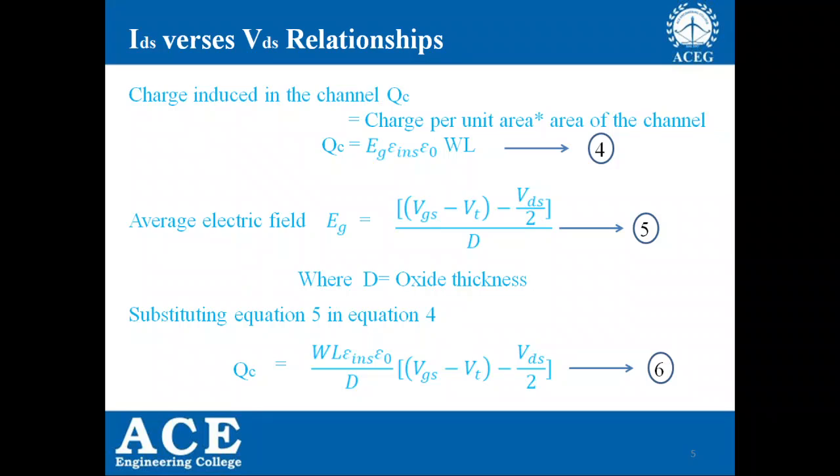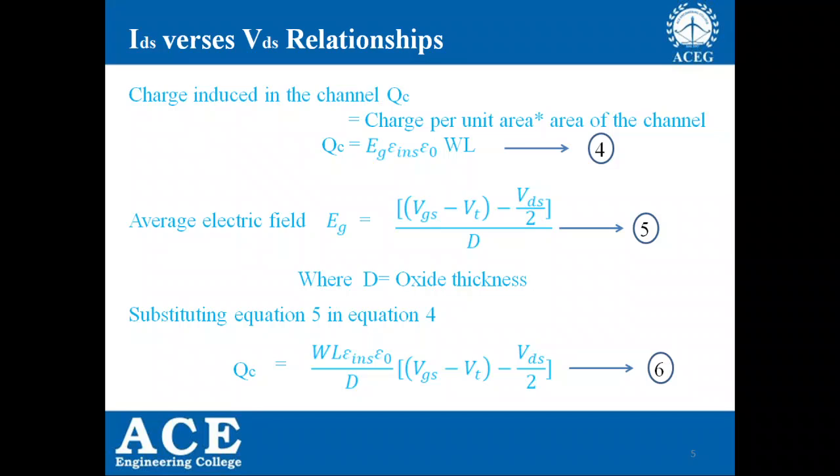So the net voltage present at the channel is Vgs minus Vt minus Vds by 2, and the distance over which we apply it, D, is the thickness of the silicon dioxide layer.